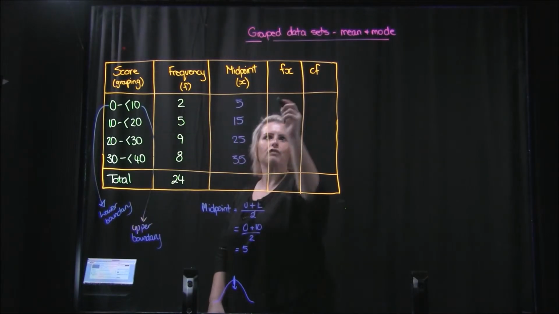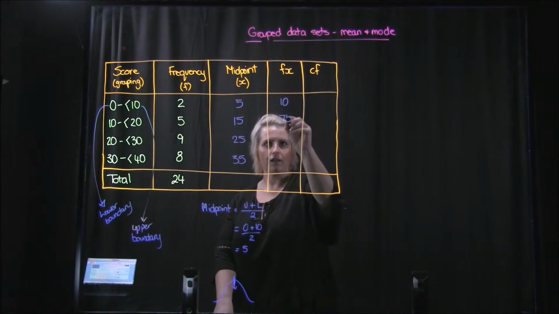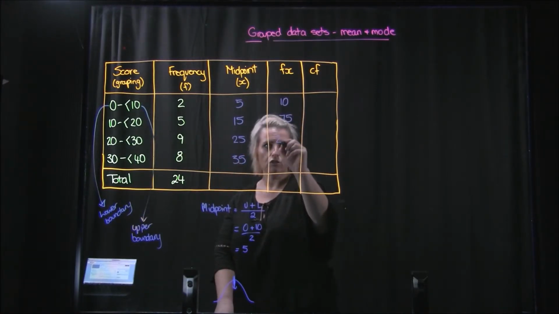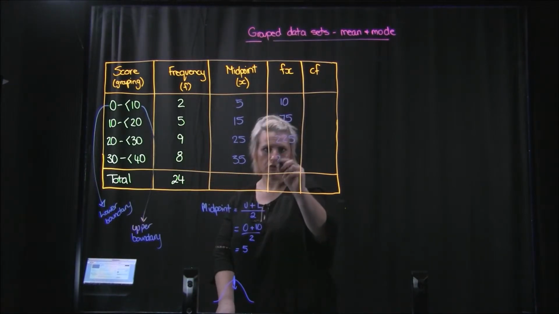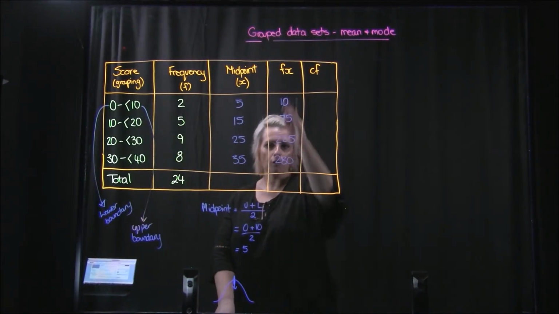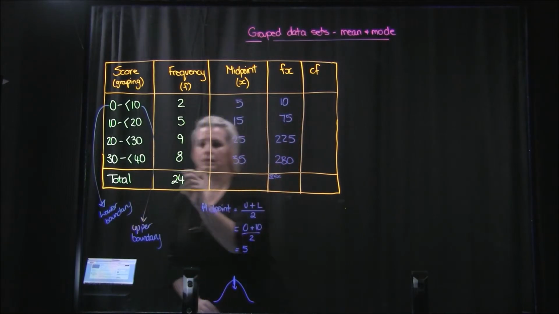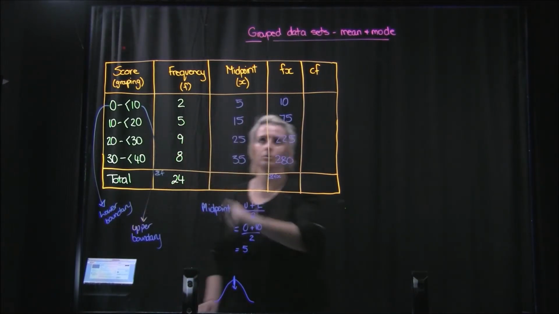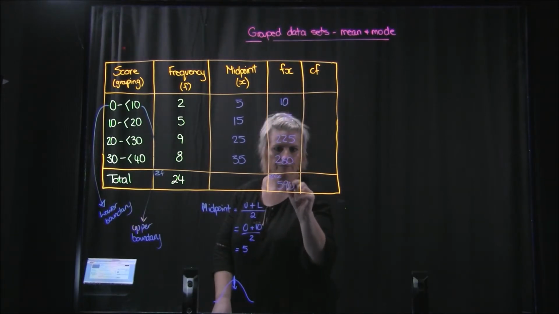So 2 5s, 10, 5 15s, 75, and so forth. 25 times 9, 225, 8 times 35, 280. And this is the sum of fx. This one here, the sum of f, because we added them all up. The sum of fx is 590.